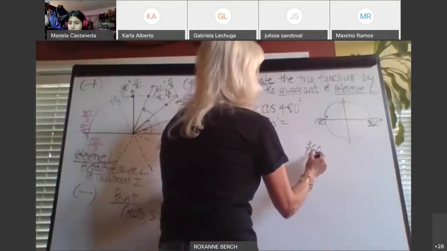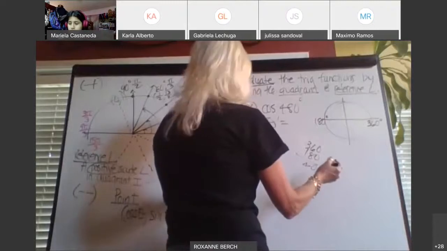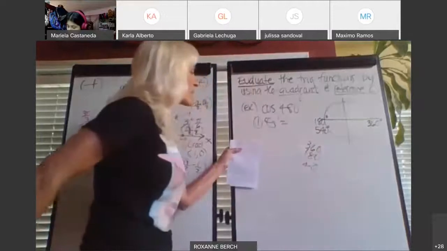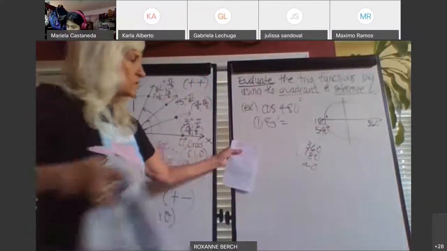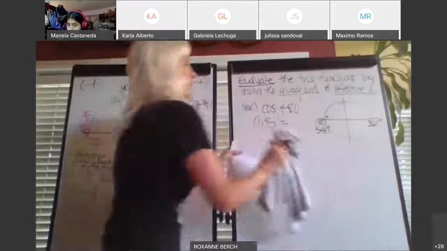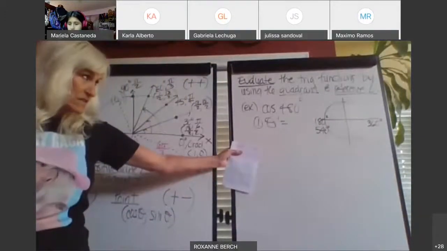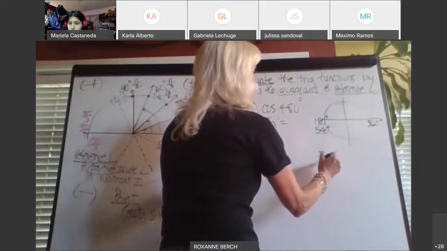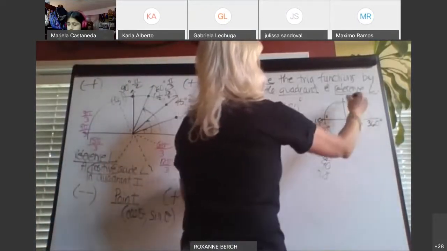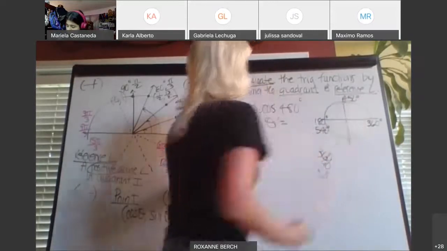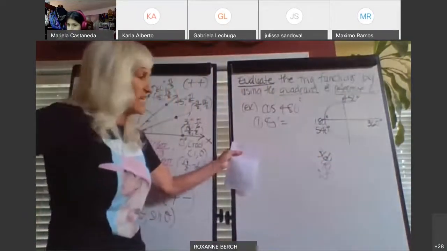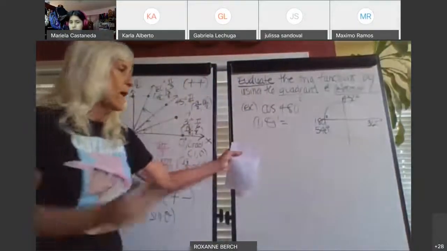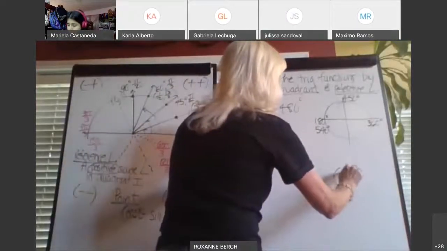What's 360 plus 180? 540. So that means that if we went 360 plus 90, that would be 450. So 480 is somewhere between 450 and 540. So right away, we know it's in quadrant 2.